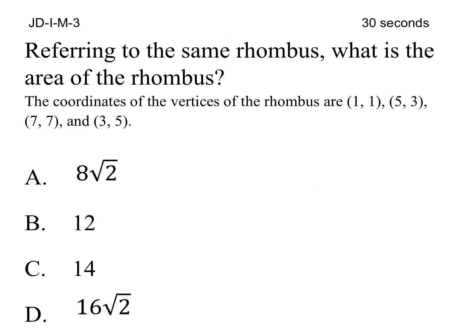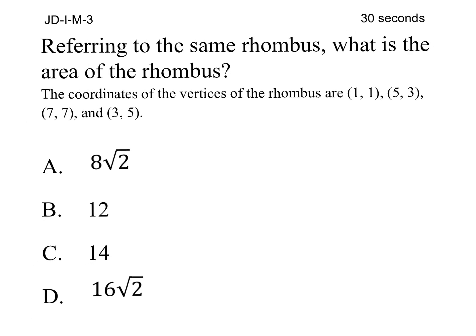Number 3, they're referring back to that same rhombus, and they're asking what is the area of the rhombus. So for the area, we already found one of the diagonals was square root of 72. The other diagonal would be going from 3, 5 to 5, 3.